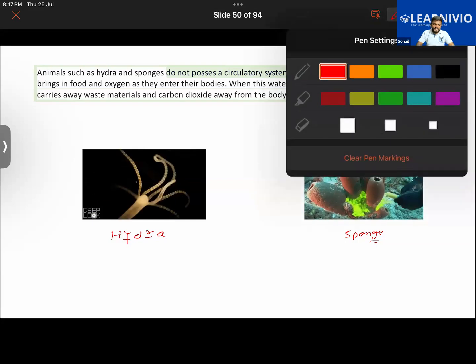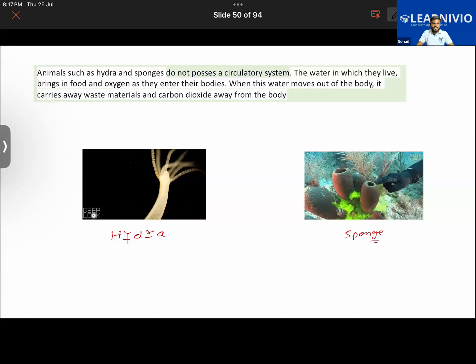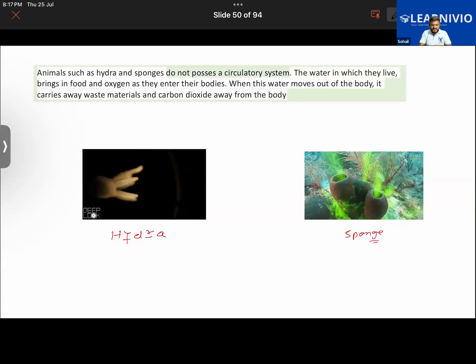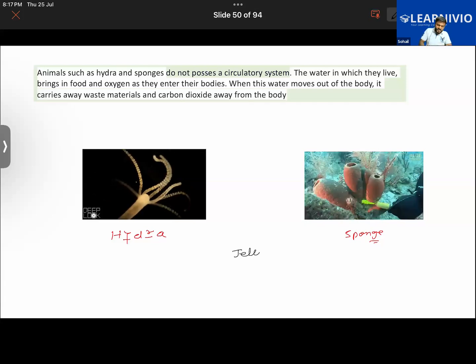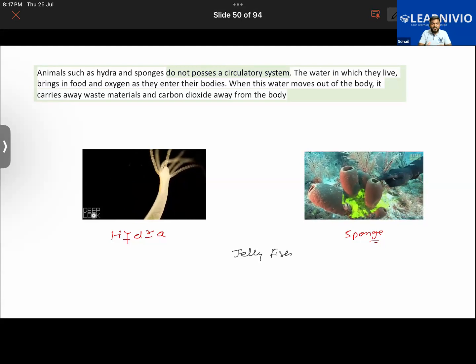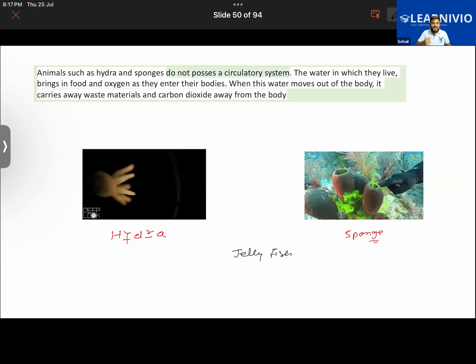Very good. So these are organisms having a very simple body structure. We have examples like this sponge, we have hydra, and we have some other examples like jellyfish also. So all of them do not possess a circulatory system. So how do they get nutrition and how do they get rid of the waste material?